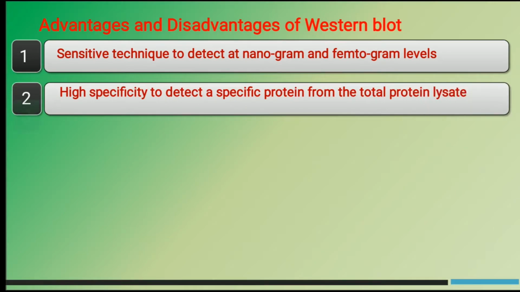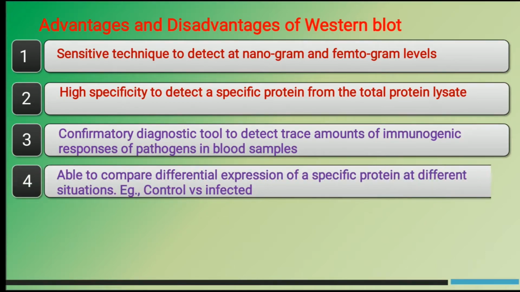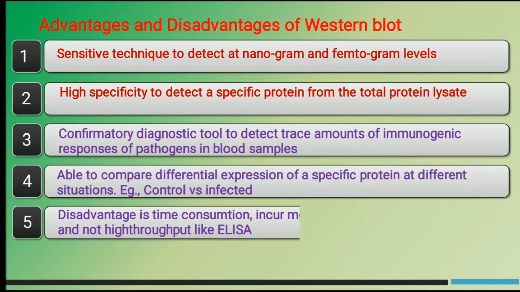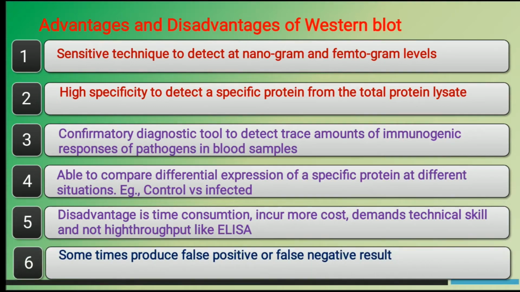Now we will see the advantages and disadvantages of the Western blotting technique. Western blotting is a sensitive technique that can detect even nanogram and femtogram levels of proteins, and it has very high specificity to proteins. Even from a mixture of 1000 different protein samples, a single protein is clearly identified. The third advantage is that it is a widely used confirmatory diagnostic tool to detect trace amounts of immunogenic responses of pathogens in blood samples.